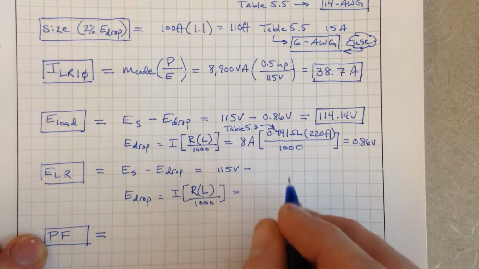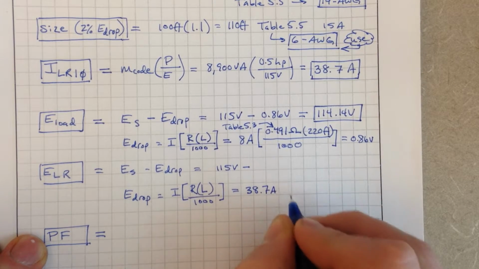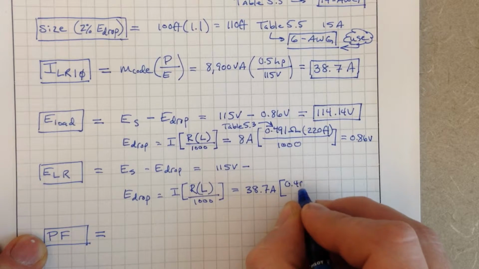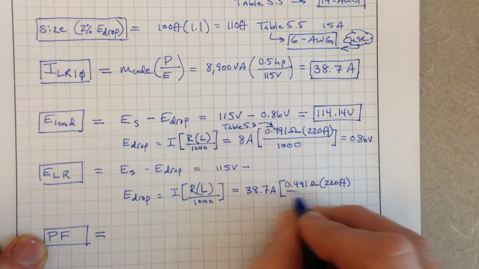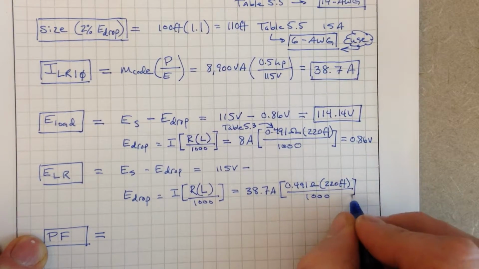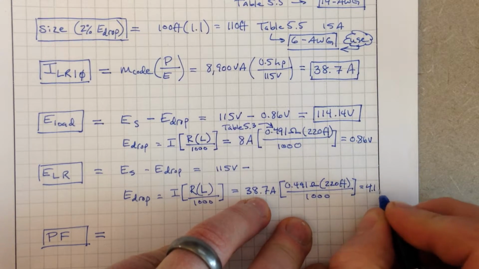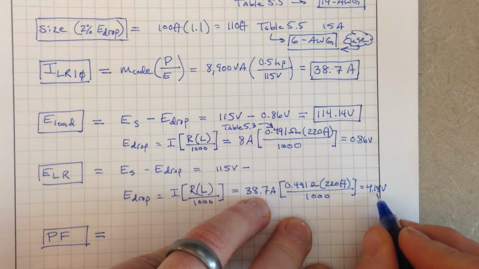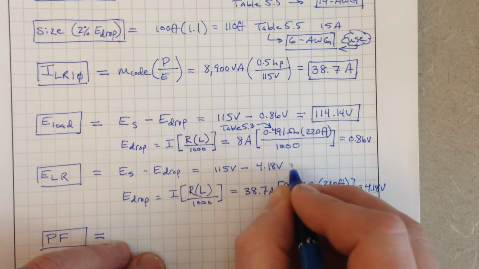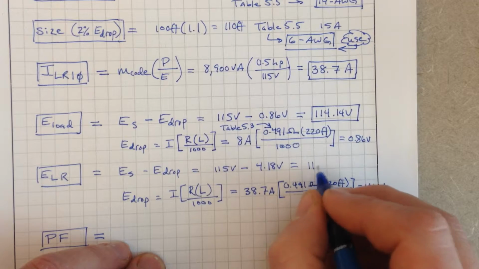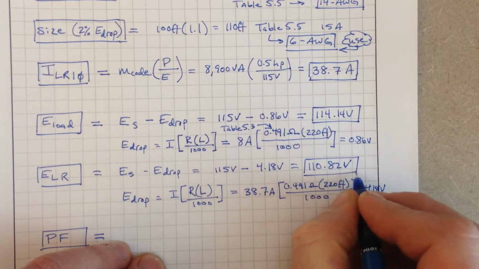So instead of the 8 amps, I'm going to put the locked rotor current, 38.7 amps. That's going to equal 4.18 volts. So 4.18 volts up here results in 110.82 volts on the motor when it's locked up.